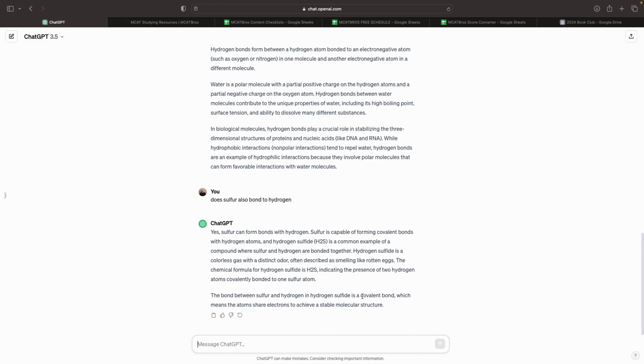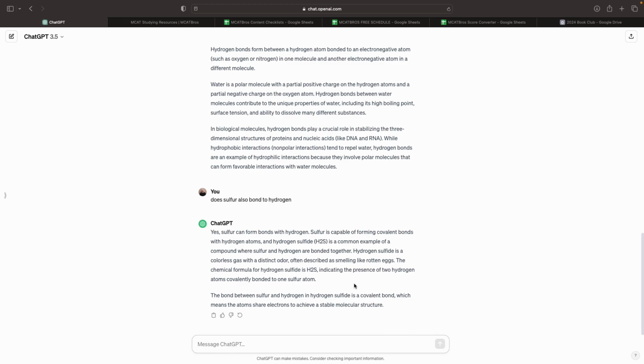So hydrogen bonds are covalent bonds because they are sharing electrons. So one electron comes from the hydrogen and the other electron comes from the sulfur or oxygen, and they share their valence electrons, and these are covalent.